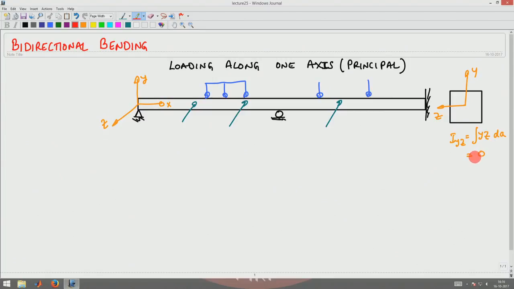So, let us first understand how to compute moment of inertia about an arbitrary axis, not necessarily the principal axis, and then we will see that there will always exist an axis about which IYZ will be 0. Okay. So, we will determine that axis, and then we will see how to analyze beams subjected to bending moment through that axis, loading through that axis.